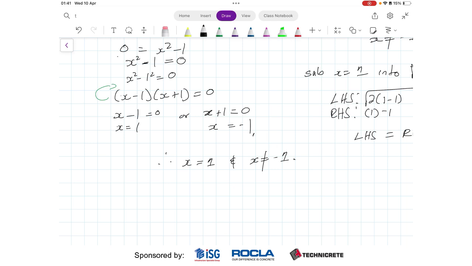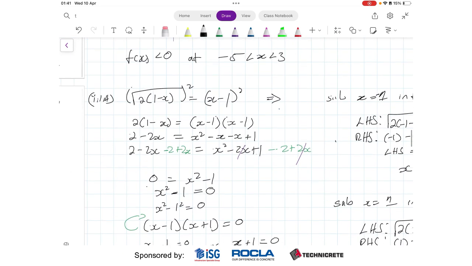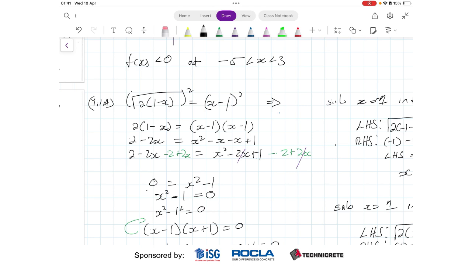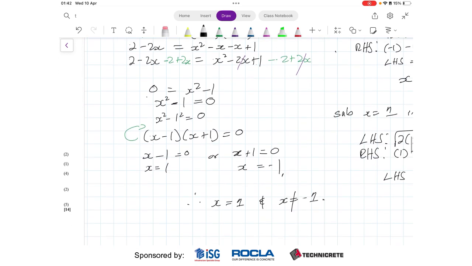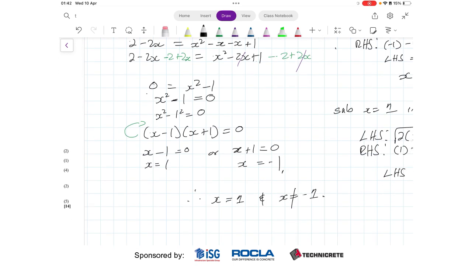So you have to keep in mind that for questions where you have to solve for x and your x is under a surd or a square root, it's much better to start by squaring first, working out what the roots are, and then substituting the roots back into the original equation to determine whether the right hand side is equal to the left hand side.